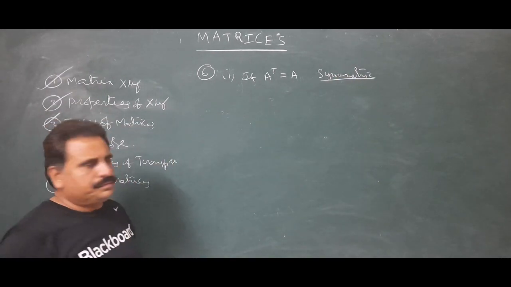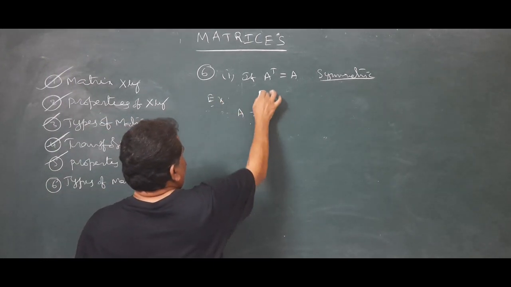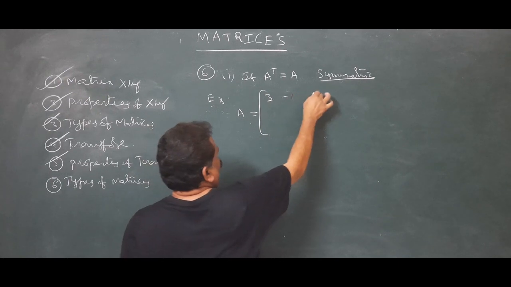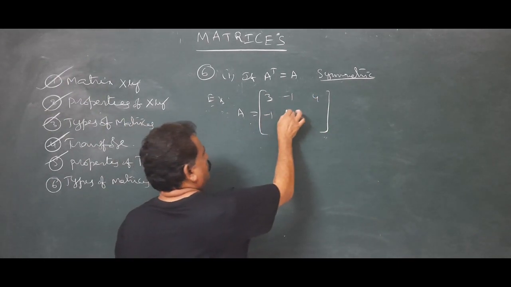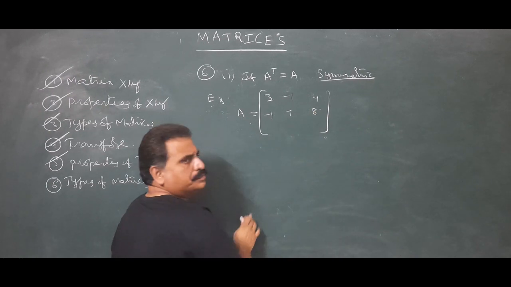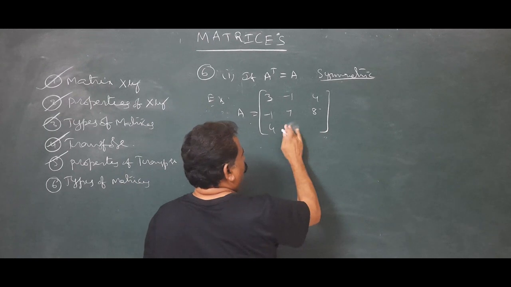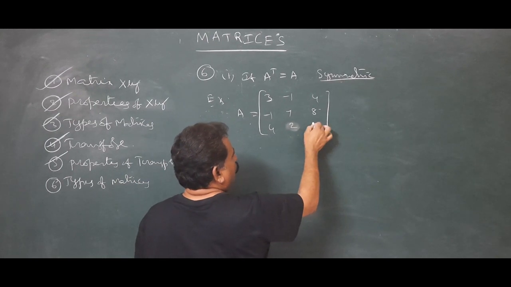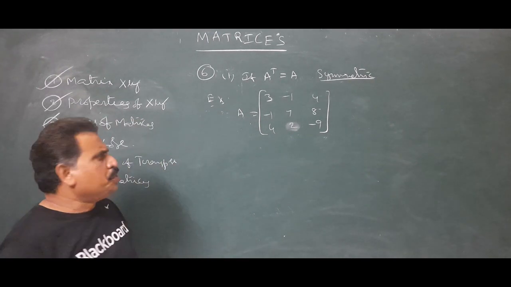Let us take an example. A equals 3 minus 1 4, minus 1 7 8, 4 8 minus 9. It is a 3 by 3 matrix.